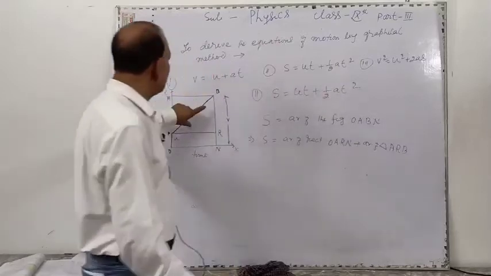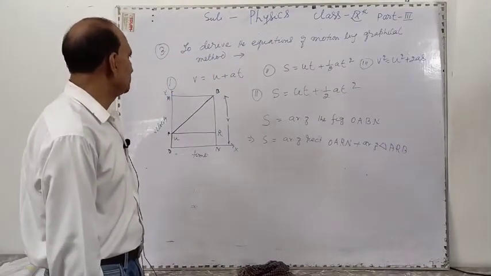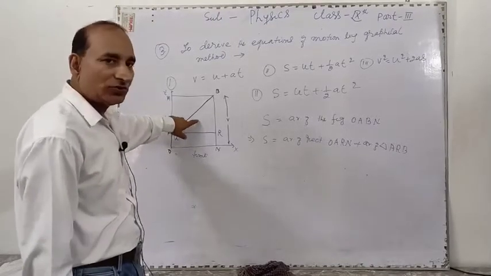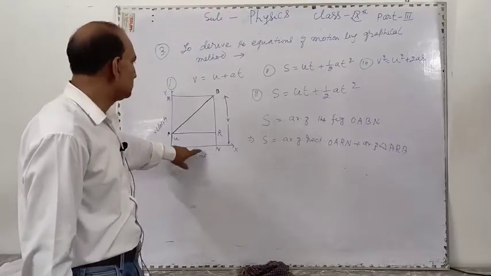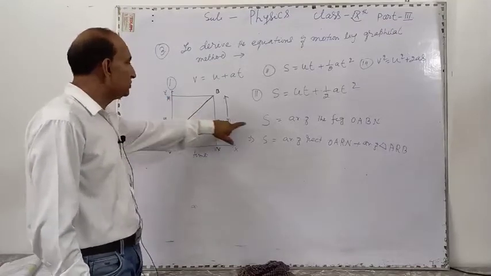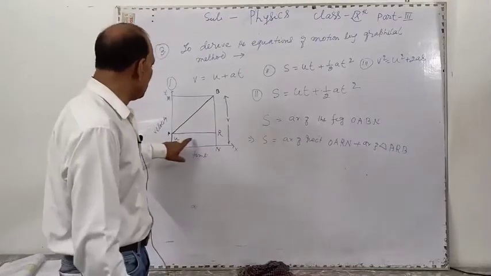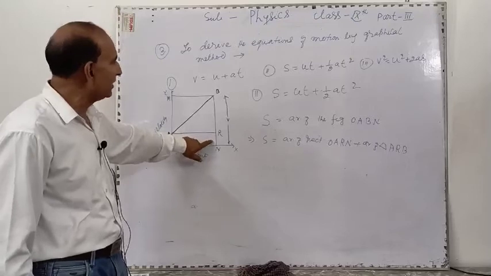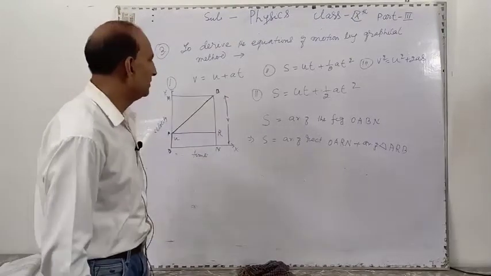That is, the distance covered by a moving object is given by the area enclosed by the graph and the time axis. That is, the area enclosed by a graph, which is equal to the distance covered by a moving object, is equal to area of rectangle OARN plus area of triangle ARB.